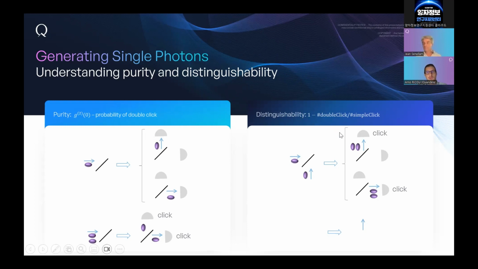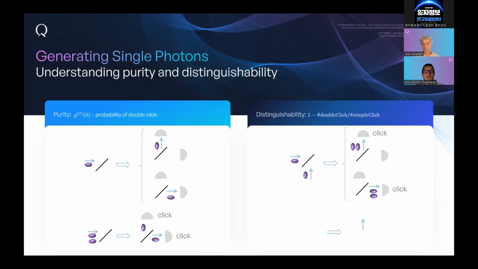Another crucial property of our photons is that they have to be indistinguishable in order to do quantum computation, meaning that one cannot tell which photon is which. And in order to do that, we perform an experiment designed by Hong and Mandel.